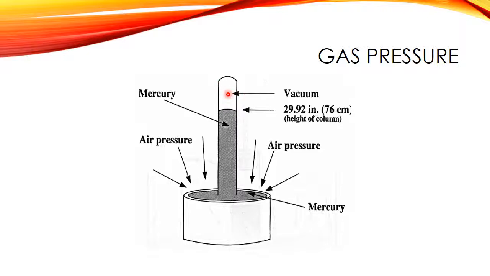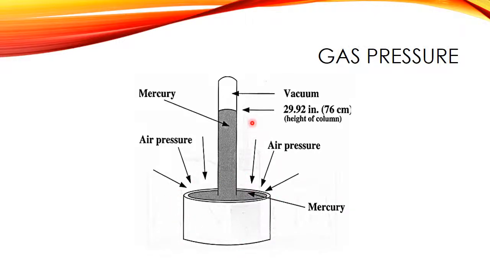And that tube is submerged in a pool of mercury. That's what this gray stuff is. So this is liquid mercury here. And when you submerge it in that mercury and then turn it upside down, so this end down here would be open, atmospheric pressure, or particles that make up the air, are pushing on this pool of mercury that sits in some sort of bowl or dish that we have here.